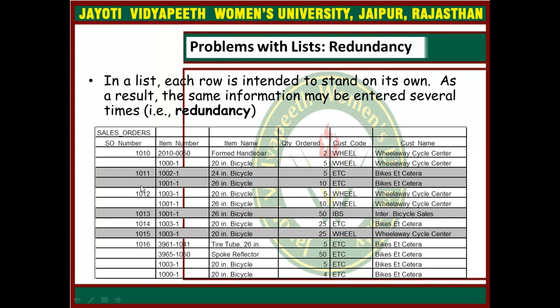So this means there is some kind of problem. Same for this 26 in bicycles, this is the item name, and so these all are highlighted, which shows the problem of redundancy.